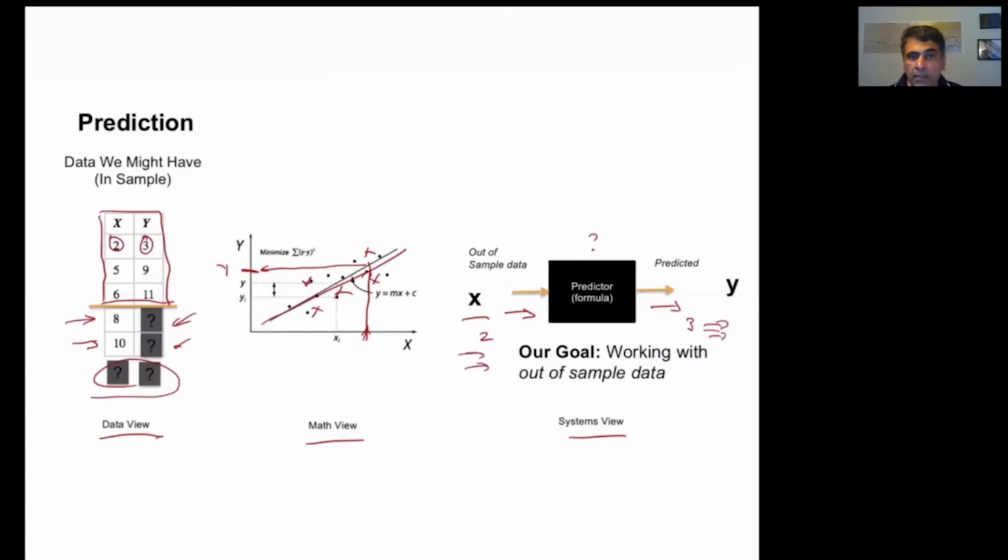We use that to learn a model, maybe a mathematical model like the linear one I just showed you. So if we were to put in a value that we've never seen before, an 8, into the system, then we could guess what the predicted value might be. These three views, the data view, the math view, and the systems view, are to some degree interchangeable and different views of really the same thing.